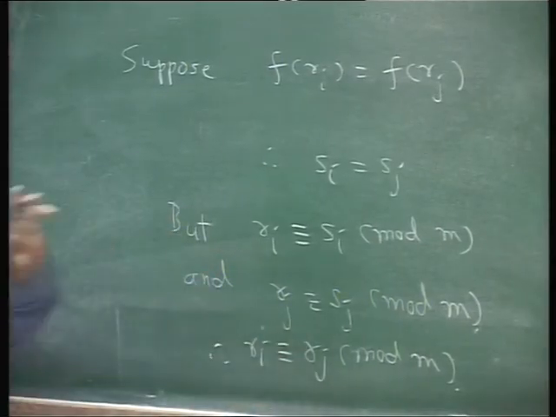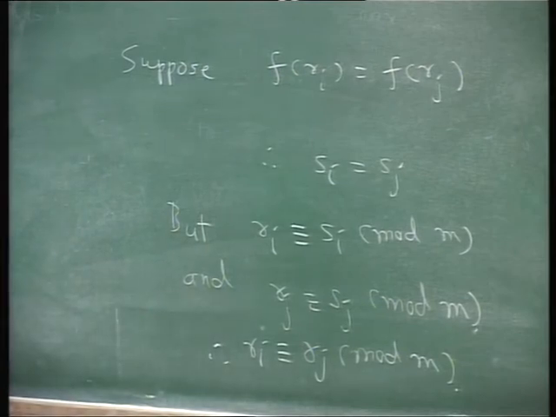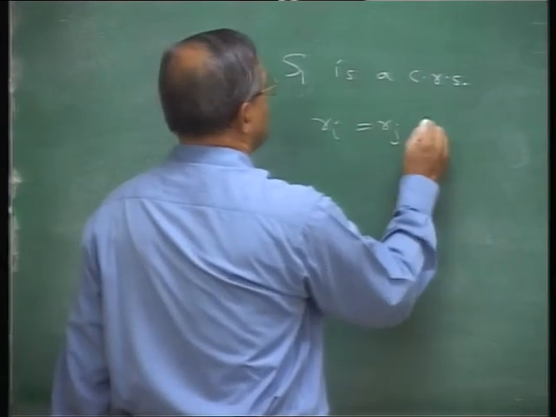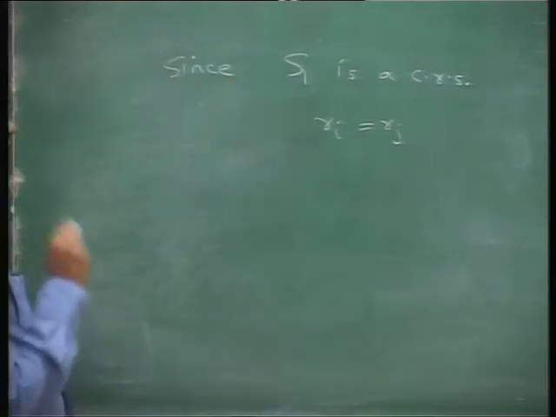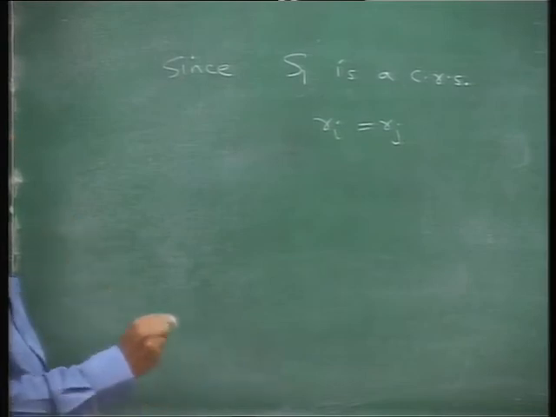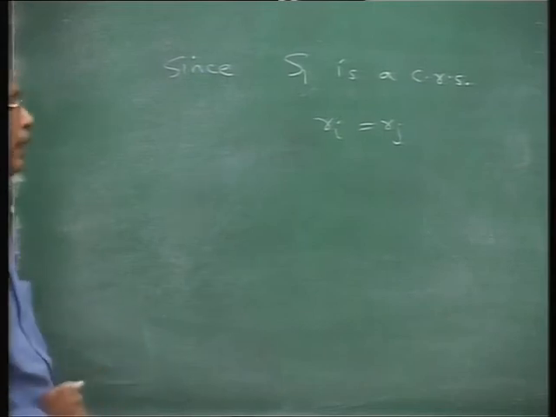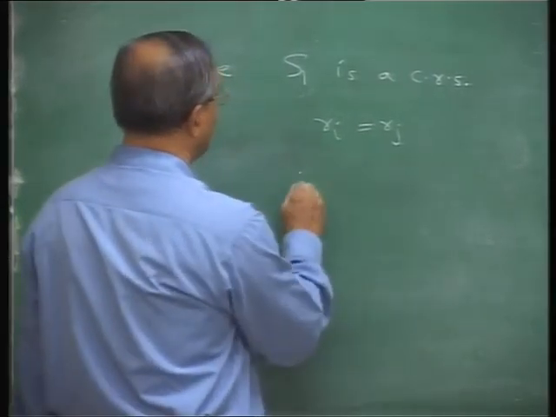Both of them are in the same CRS, but there should be uniqueness. So Ri is equal to Rj. Because Ri is congruent to Ri and Ri is congruent to Rj, it is not possible that the same number is congruent to two different elements of S1. So Ri is equal to Rj. Therefore, f is one-one.